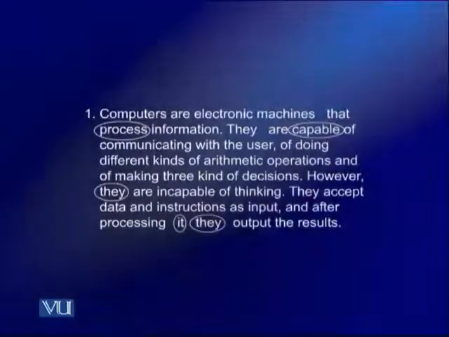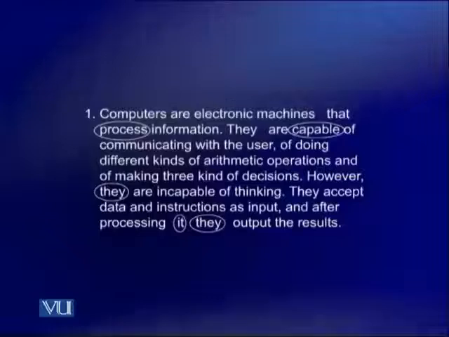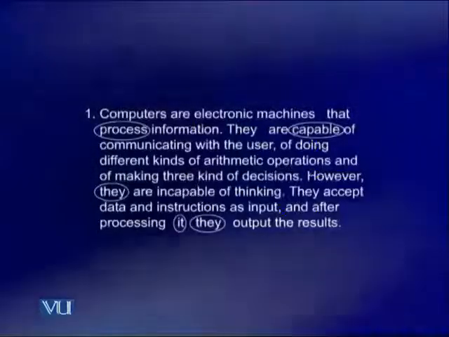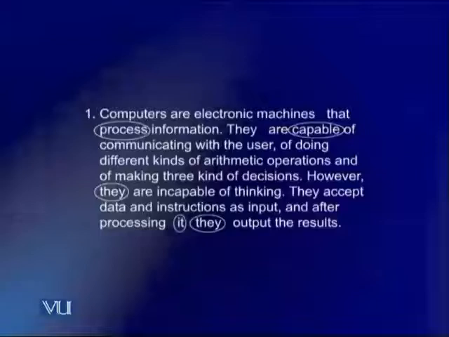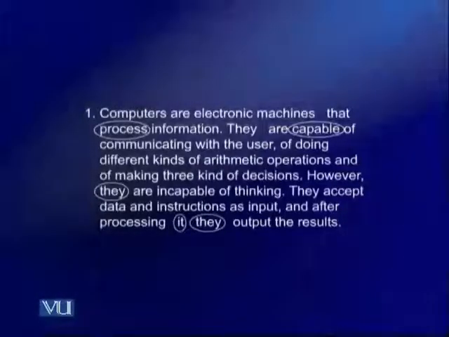And then in the third sentence, they. However, they are incapable of thinking. Now, here again, the word they refers to computers. And in the last sentence, the word it. What is it referring to?